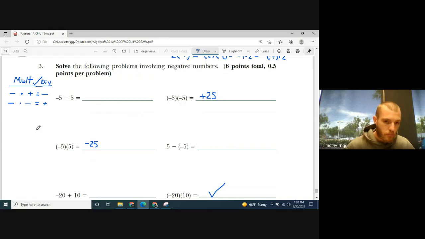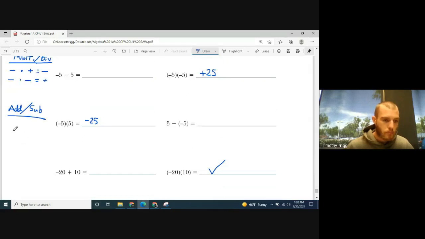Now, there's a lot of different rules for the adding and subtracting stuff, but the main thing I want you to keep in mind is, when it comes to adding or subtracting, you might see a negative plus a negative, right?